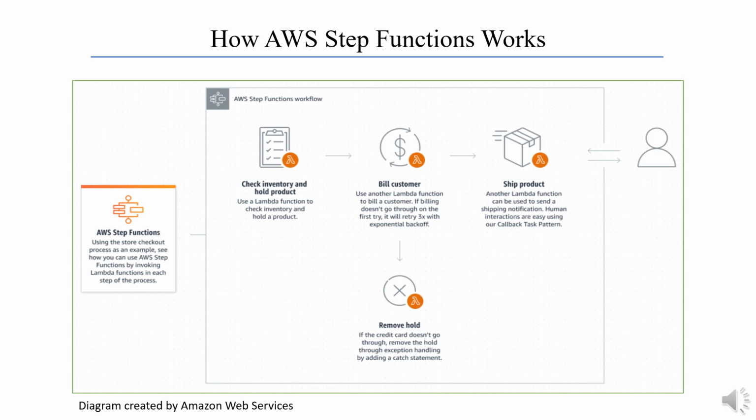The diagram is created by Amazon Web Services. It shows the key features of AWS Step Functions and a typical workflow for a distributed application. We recommend you read the diagram and get a better understanding of how AWS Step Functions works in a typical application environment.